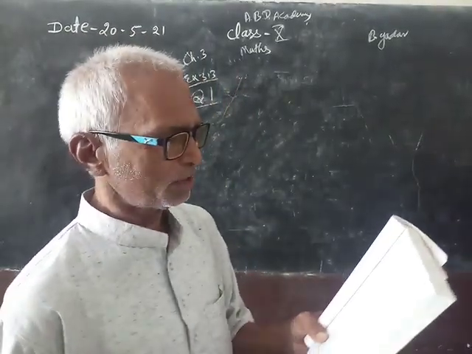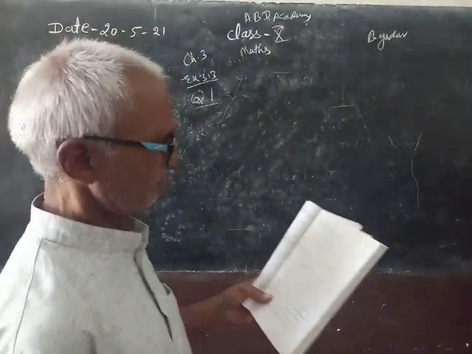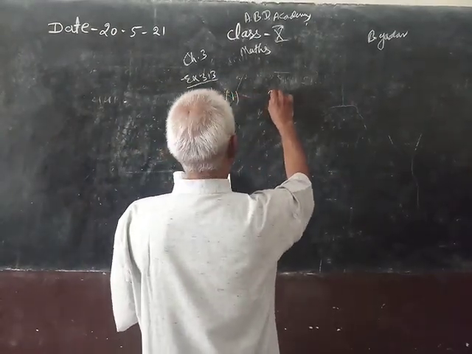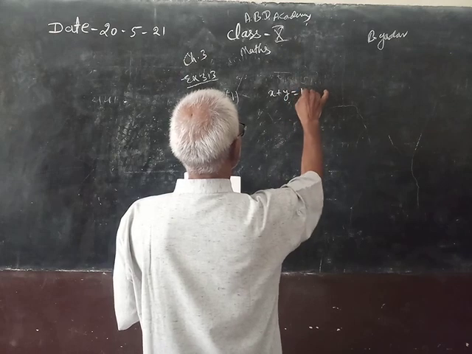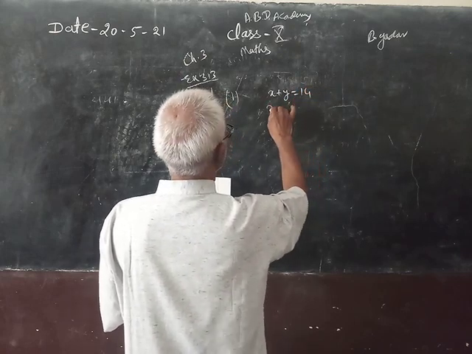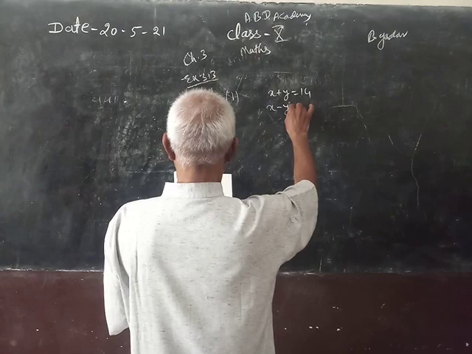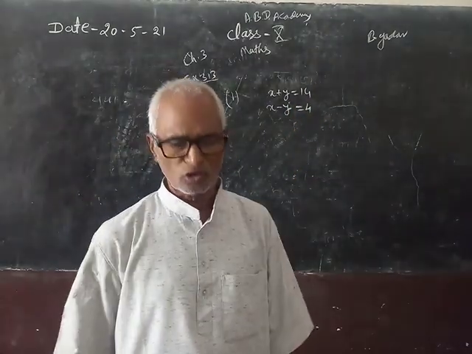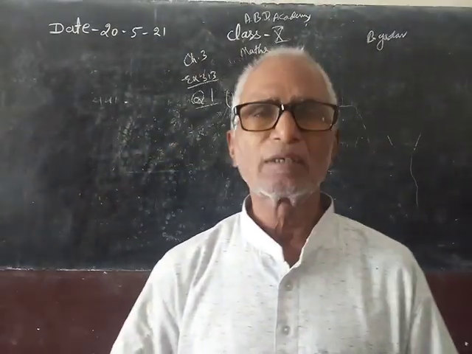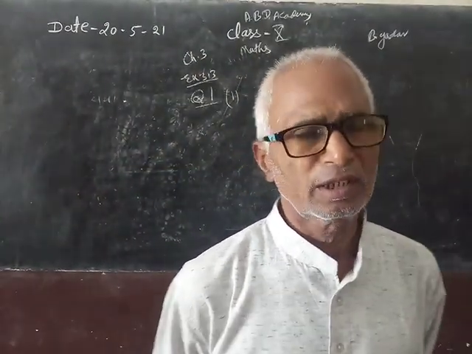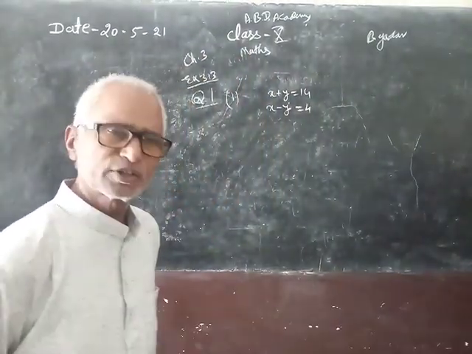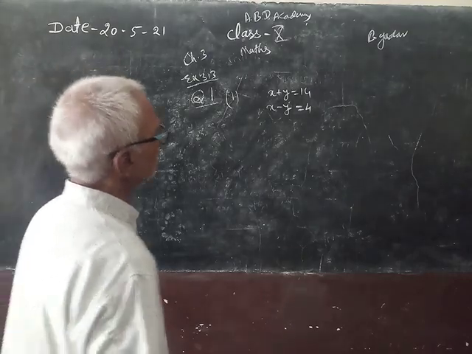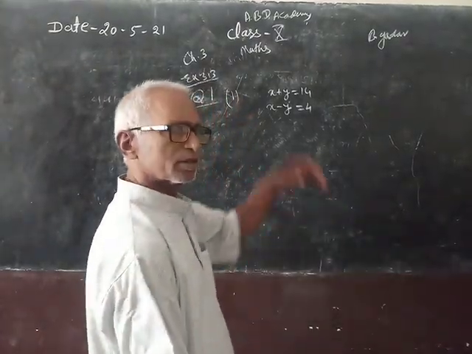So here is the substitution method. Its first part is x plus y is equal to 14 and x minus y is equal to 4. Though it can be solved by the elimination method very easily, as the substitution method is directed, I shall do it here by substitution.